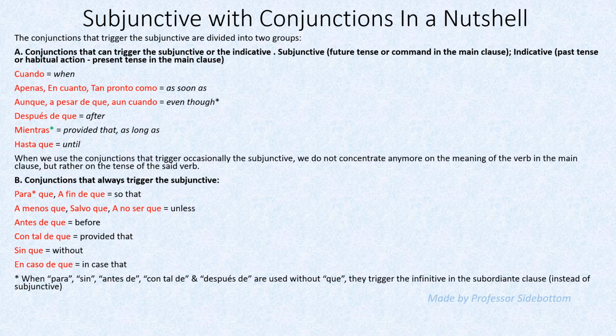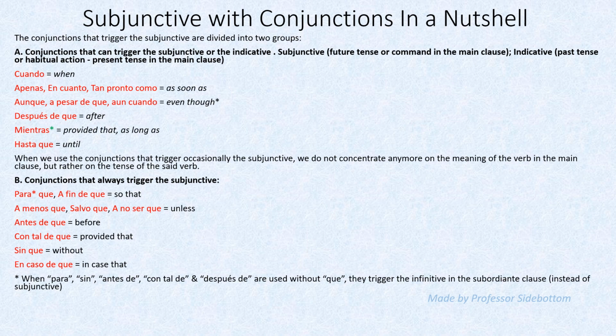These are cuando, apenas, en cuanto, tan pronto como, aunque, a pesar de que, aun cuando, después de que, mientras, hasta que. And then we have the conjunctions that always trigger the subjunctive: para que, a fin de que, a menos de que, salvo que, a no ser que, antes de que, con tal de que, sin que, en caso de que.